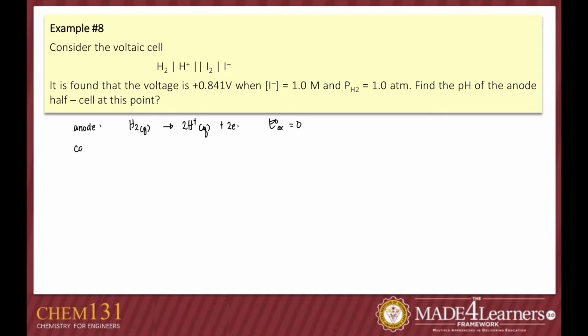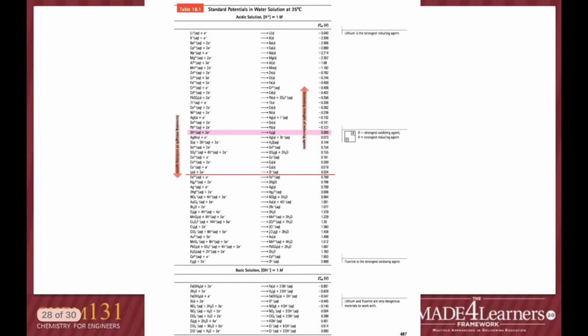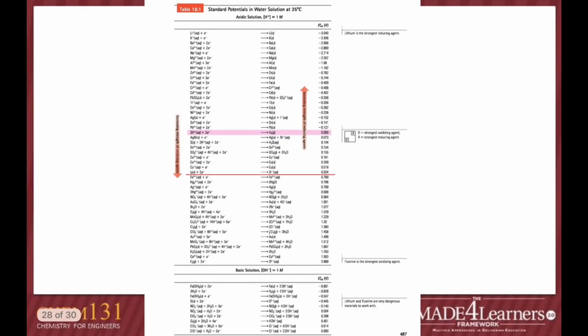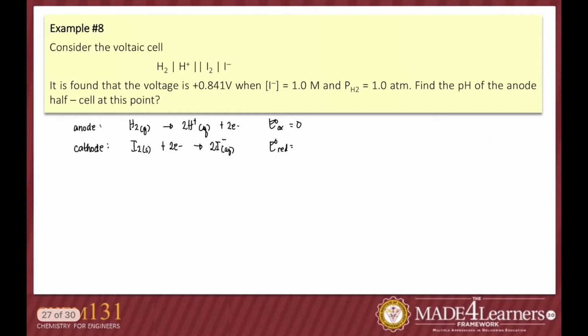And then at the cathode, so we have iodine. So we look for, let's try to see it. So it's solid form plus 2 electrons, 2I negative AQ. And the standard reduction of iodine is 0.534.